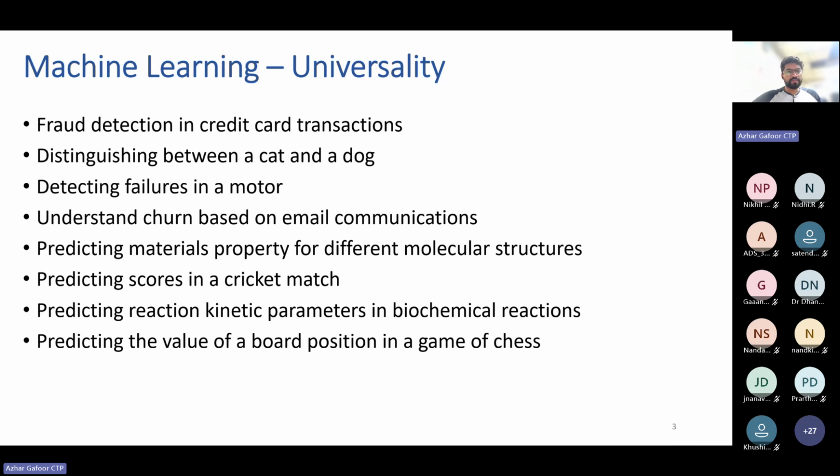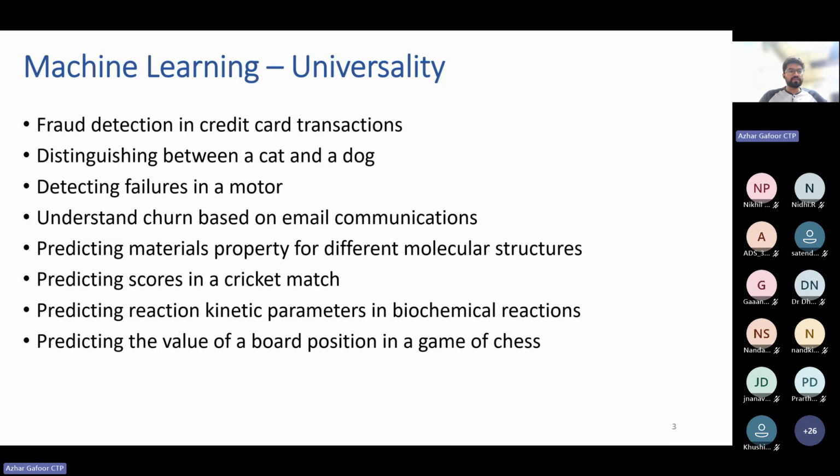Another problem can be distinguishing between a cat or dog, or detecting a failure in a motor. All these are yes or no problems. Another one is understanding churn based on email communication. So all the first four problems that we discussed are yes or no questions.